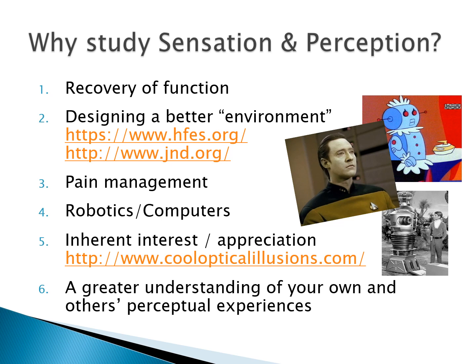A greater understanding of your own and others' perceptual experiences. So I'm going to talk about normative perception, but I am encouraging you to figure out how to apply this.